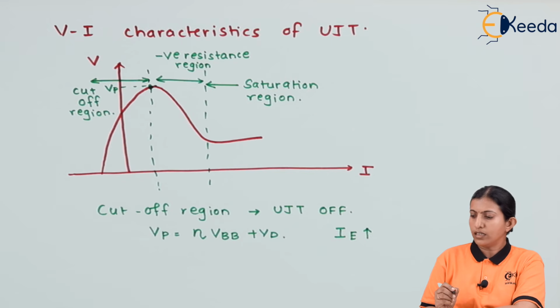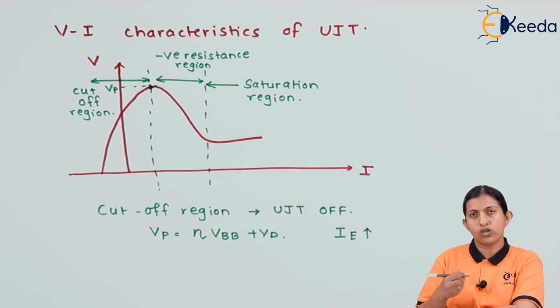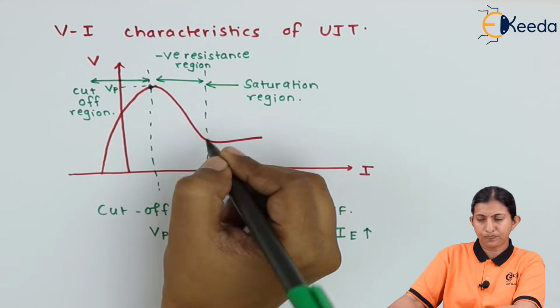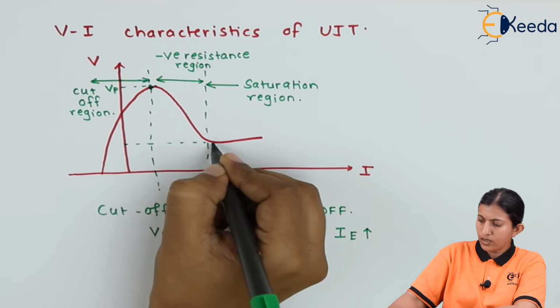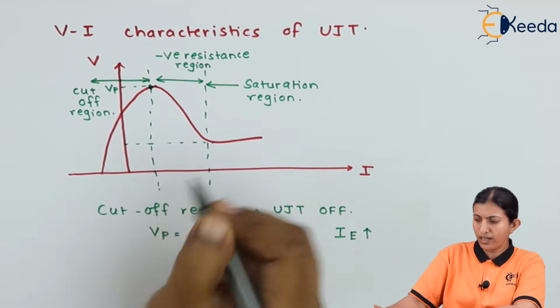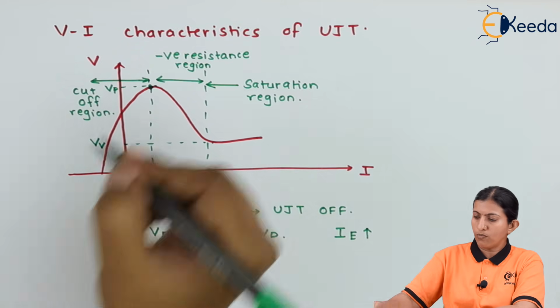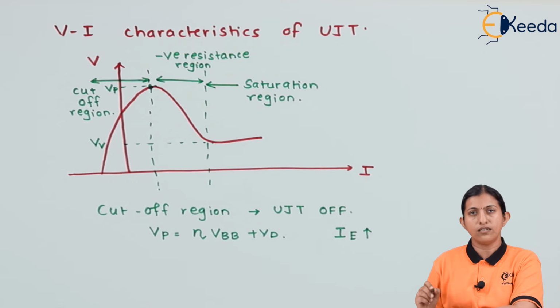Due to that the conductivity increases and resistivity decreases, and as the resistivity across RB1 decreases, the voltage drop across RB1 also decreases, and because of that there is a drop in the voltage from V peak to the minimum value, which is called the valley voltage. So the region from V peak to V valley is called the negative resistance region.